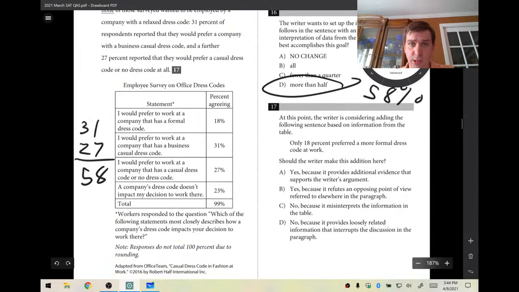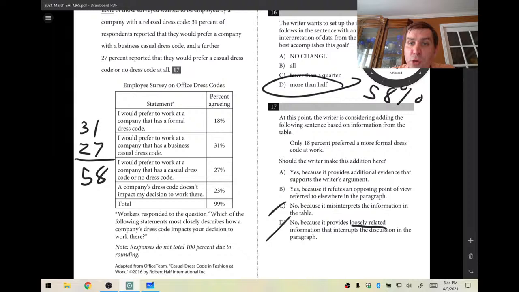All right, 17. At this point, the writer is considering adding the following sentence based on the information from the table. Only 18% preferred a more formal dress code at work. All right, so let's look at the information here. Does that misinterpret information from the table? No. So C is out. Is it a loosely related detail? No, I'd say it's related.